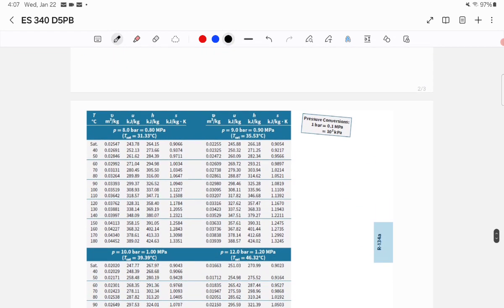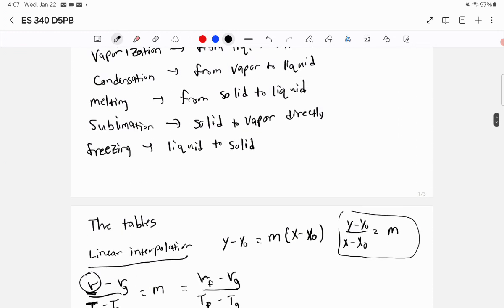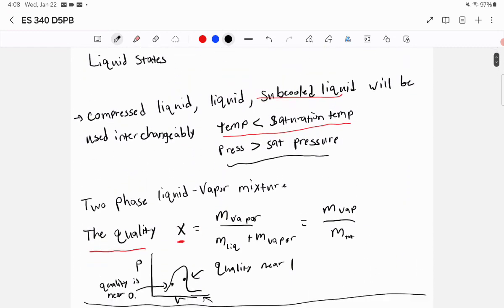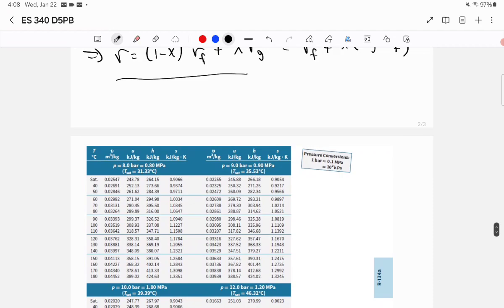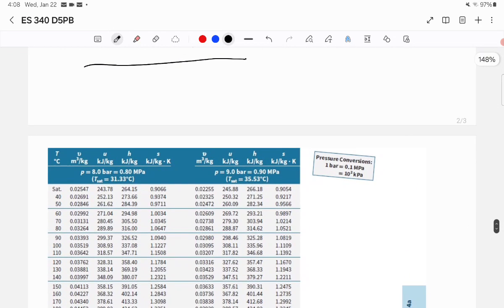Okay, so now let's actually look at a table so we can get an idea. I mentioned all of these things, and it's probably not so easy to visualize what I'm talking about. So let's actually look at an example of this. Let's look at the saturation temperature here. So this is actually a superheated table for water.